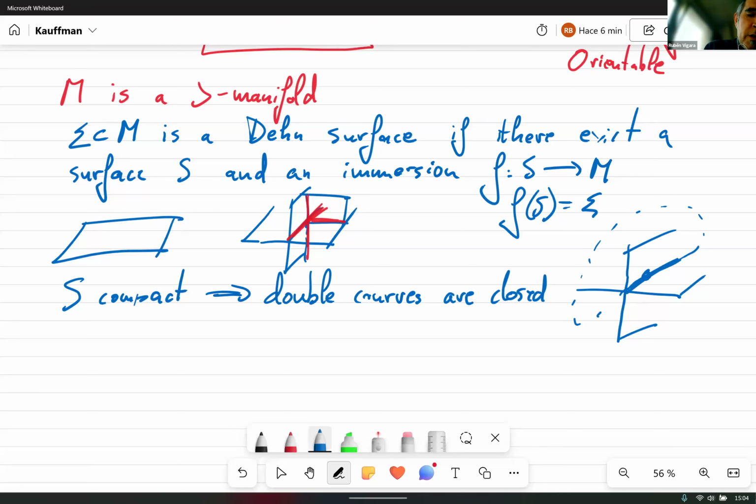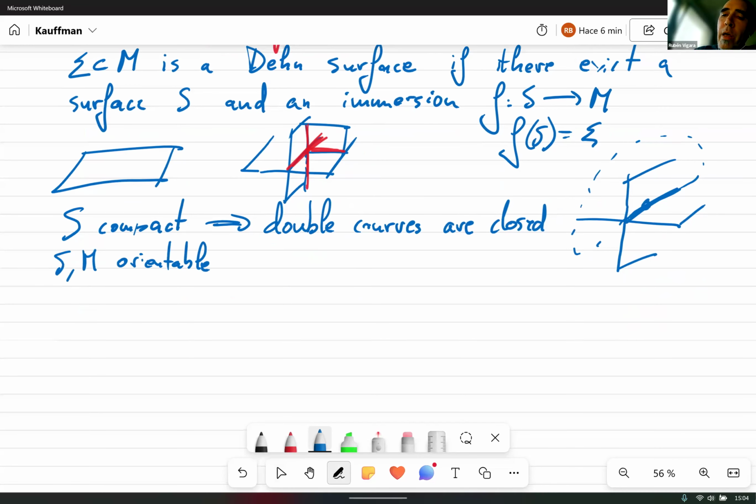Also, since both manifolds, the surface and the three manifolds, are considered orientable, the inverse image of each double curve, note that if we consider one double curve in the original surface S, over the double points, we can see locally two curves.